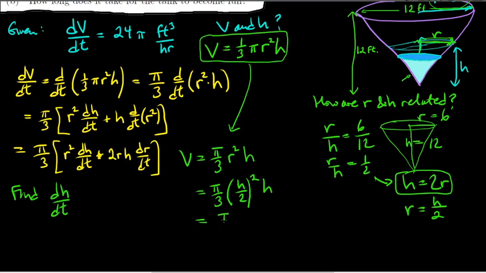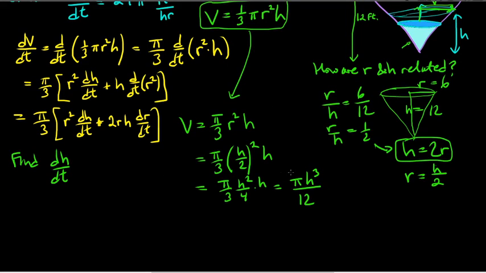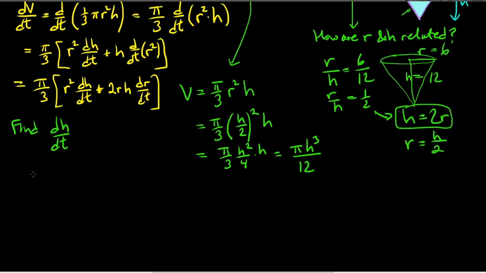And this is going to be pi over 3 times h squared over 4 times another h, which is going to be pi times h cubed divided by 3 times 4 is 12.